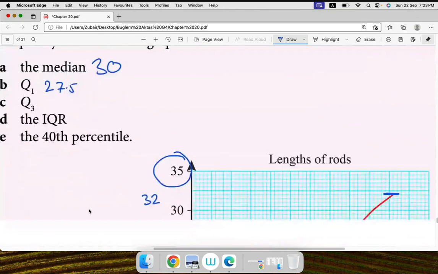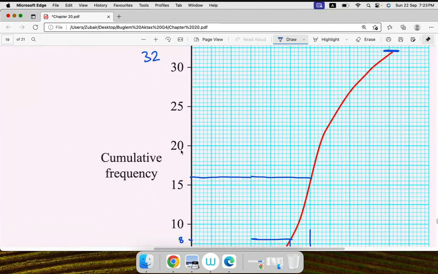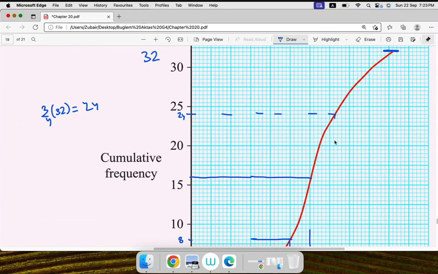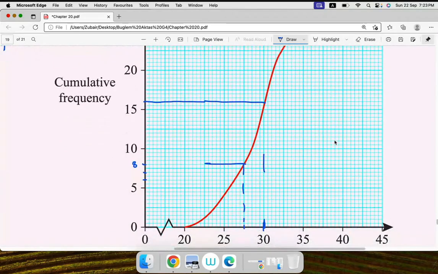And what would be Q3 again? 3 by 4 of total? That would be 24. That would actually be very easy on paper and pencil when we can use a scale. So what would this value read? 33.